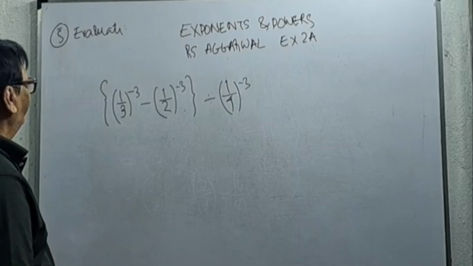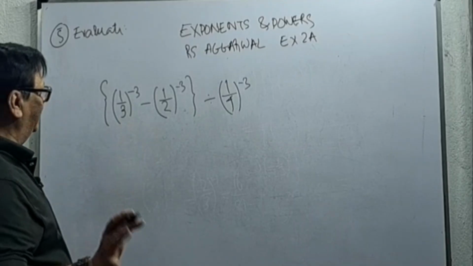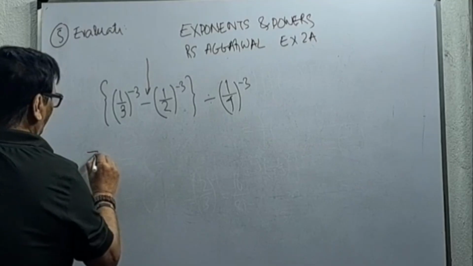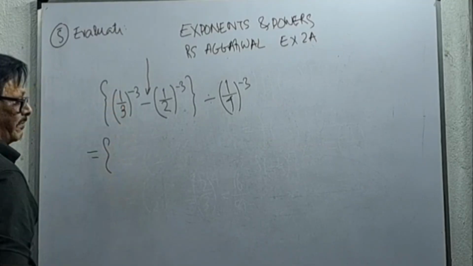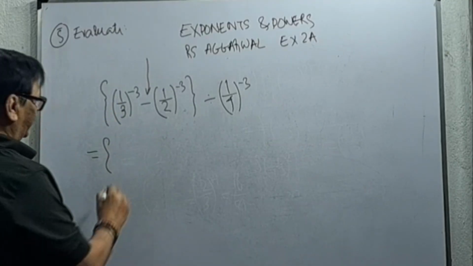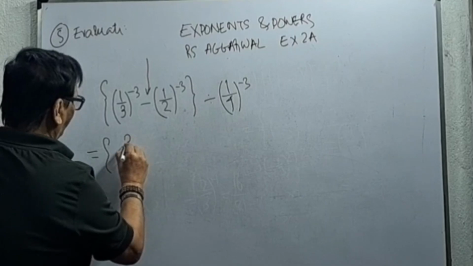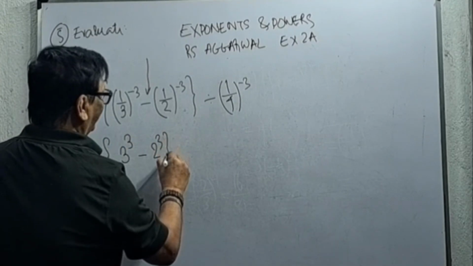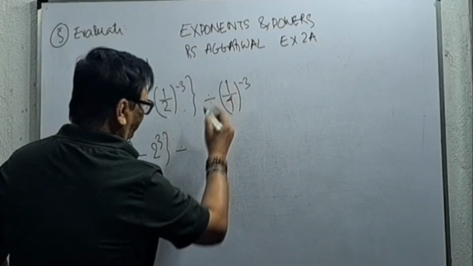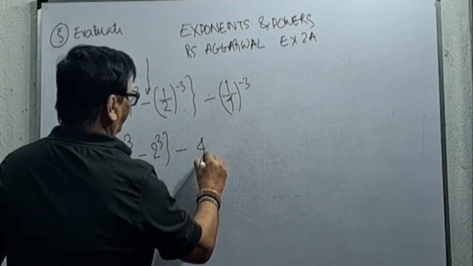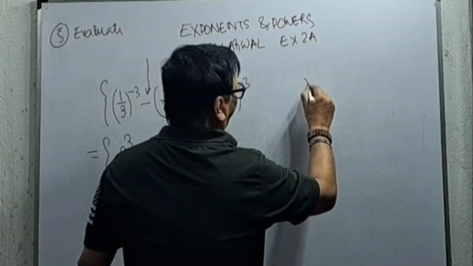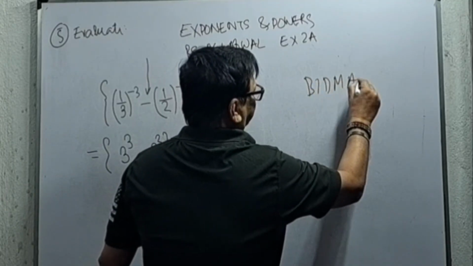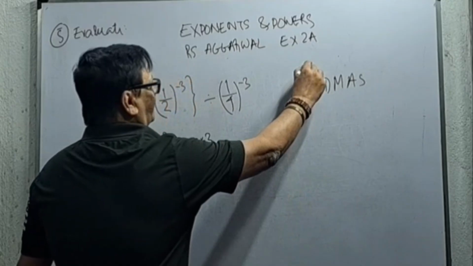We come to question number 5. So be careful here, right? There is a negative sign, please check. So be careful. So first of all, what we do is make the index positive. So this becomes 3 to the power of 3 minus 2 to the power of 3, close bracket, divided by, we make the index positive, 4 to the power of 3. We can always do that, right? It is BODMAS. Brackets after that index.